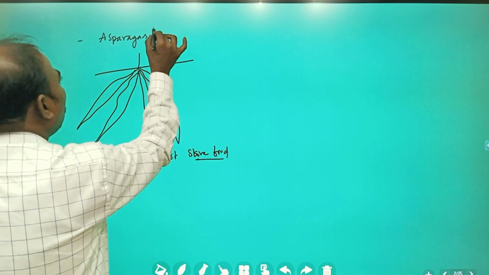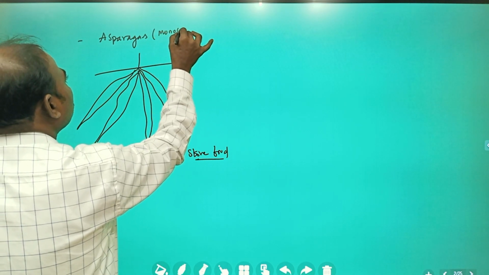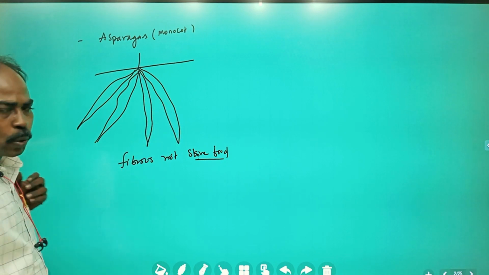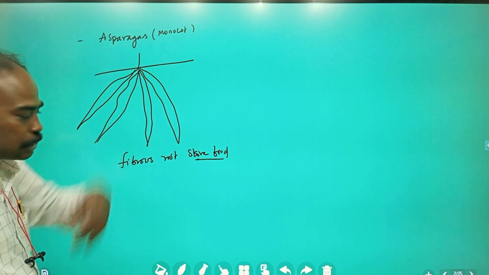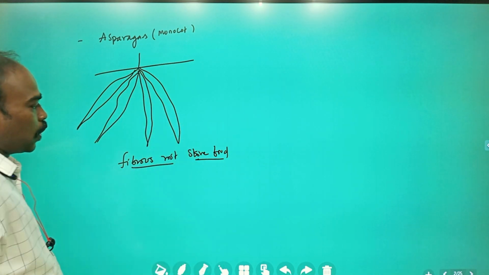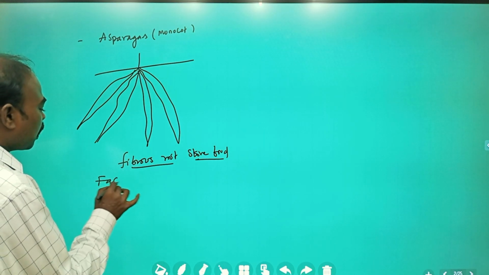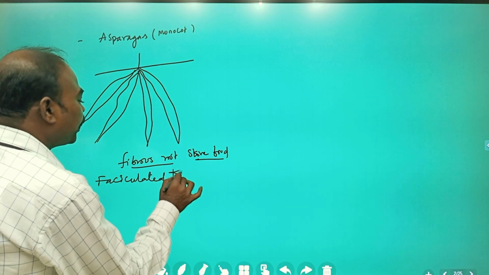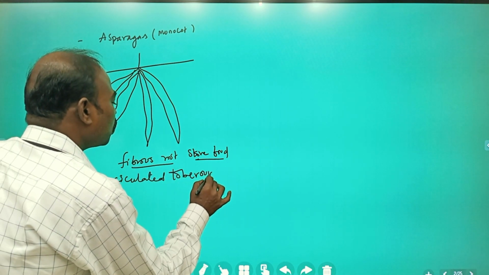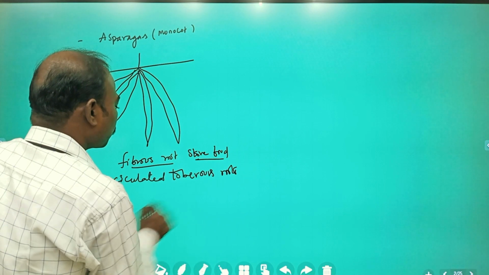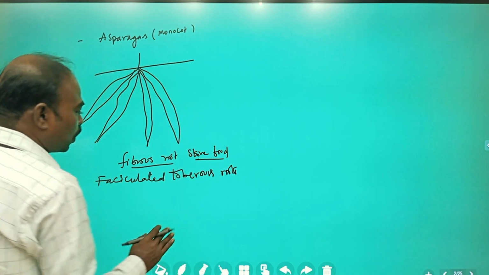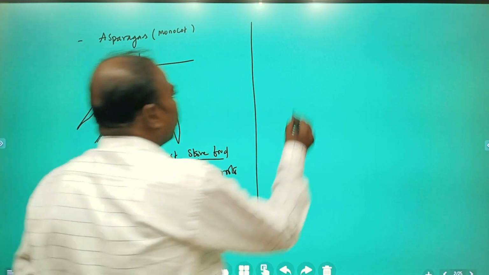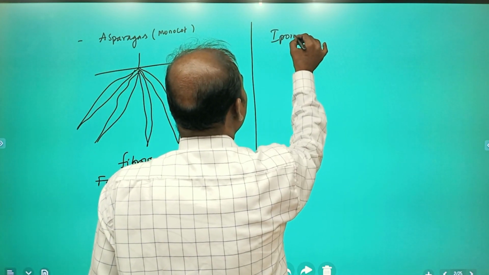It belongs to monocot plants. In asparagus, each and every fibrous root stores food material, and a cluster or bunch of fibrous roots is found. These roots are otherwise called fasciculated tuberous roots. Fasciculated tuberous roots.